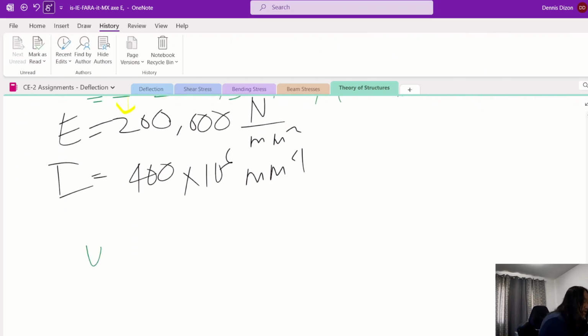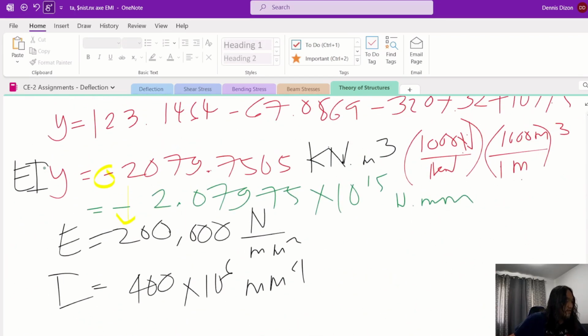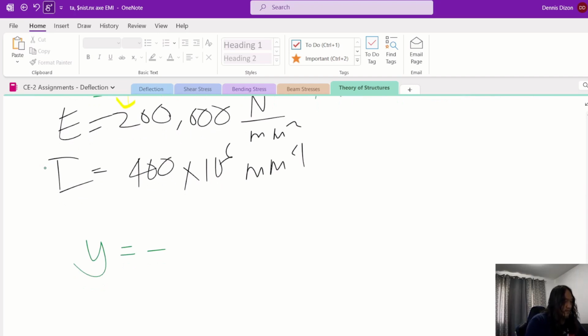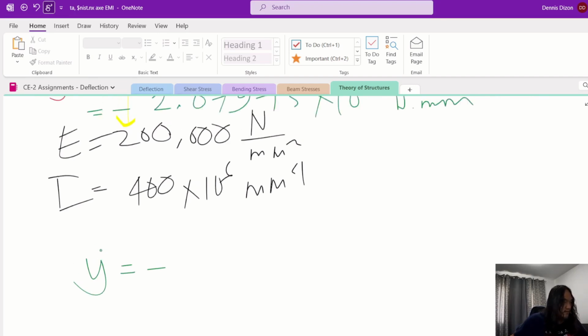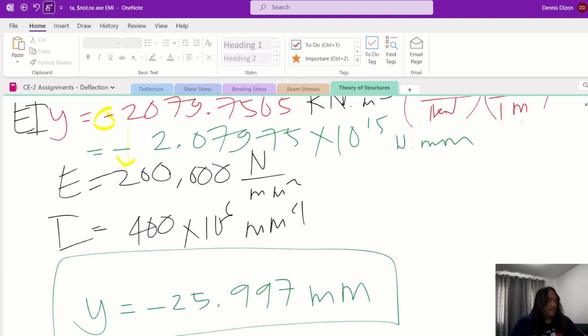So our y is equal to negative that, divided by 200,000 times 400 times 10 to the 6. This gives 25.997 millimeter.